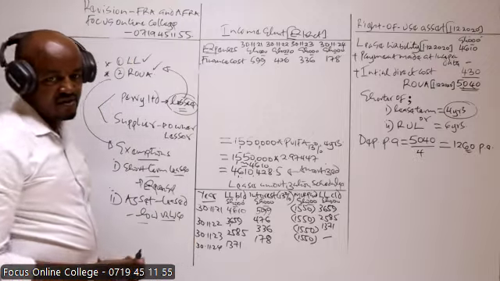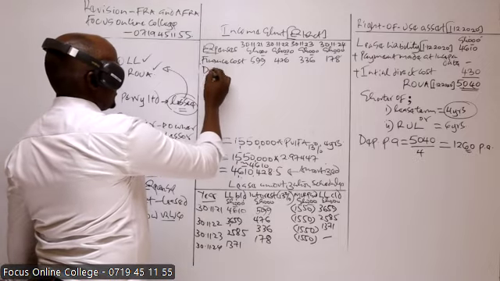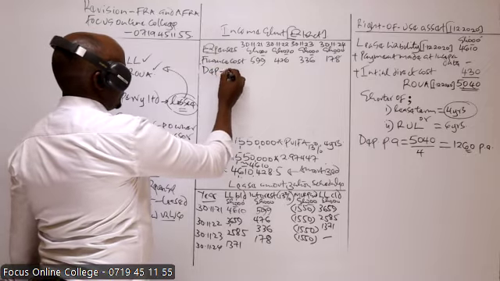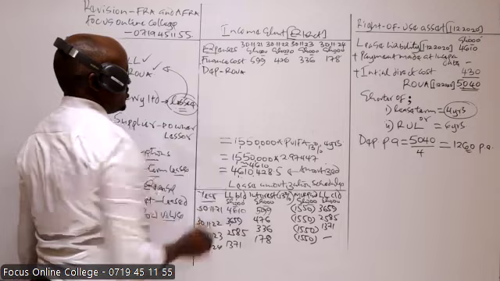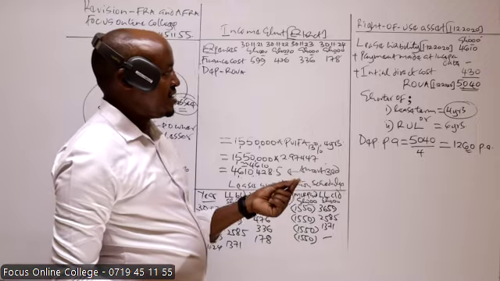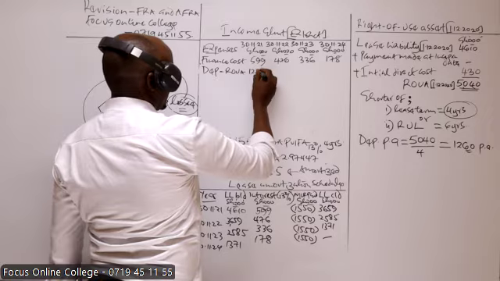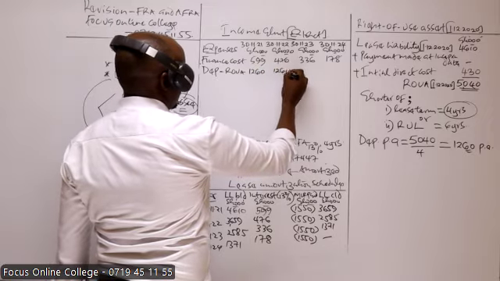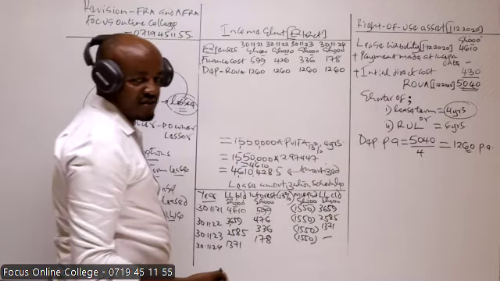Then we also have the depreciation on the right of use asset, of which this one will be 1,260 per annum in the next 4 years. So that one does not change. 1,260, 1,260, 1,260, and basically 1,260.